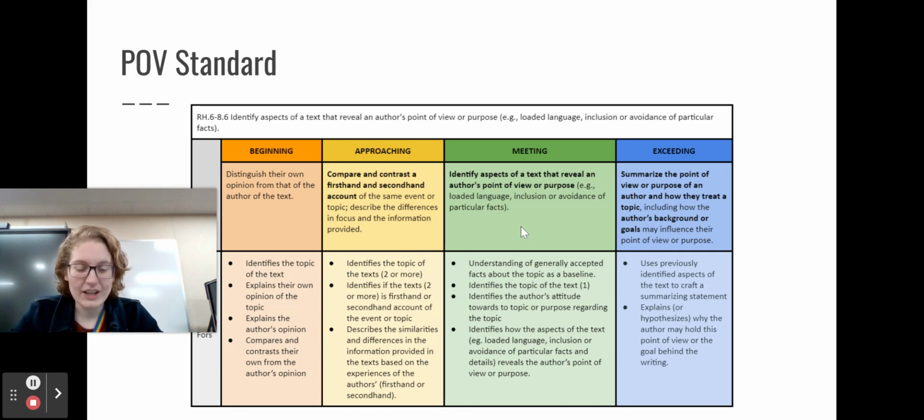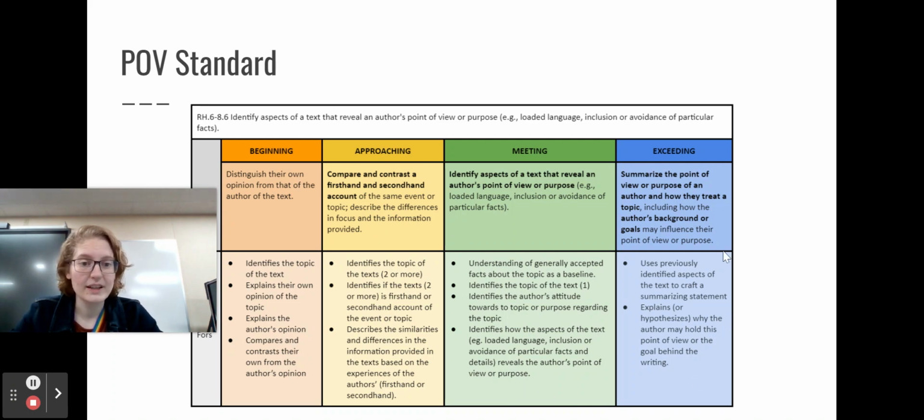Then to get a 3, you're able to identify aspects of a text that reveal an author's point of view or purpose. So knowing the generally accepted facts, identifying the topic, identifying the author's attitude towards the topic or purpose, and thinking about what aspects of the text, loaded language, inclusion or avoidance of particular facts and details, reveal the author's point of view or purpose.